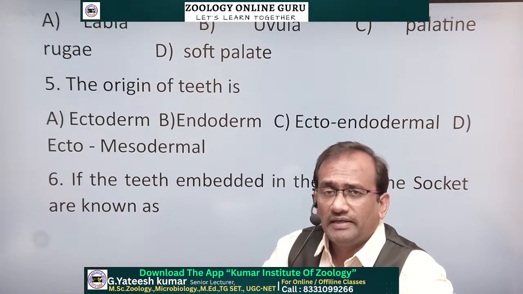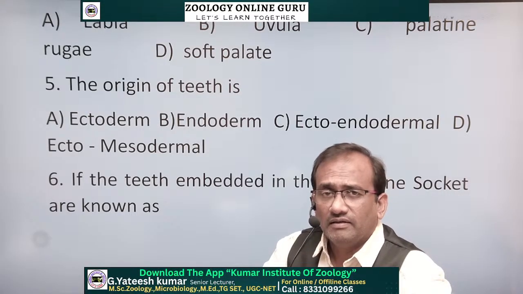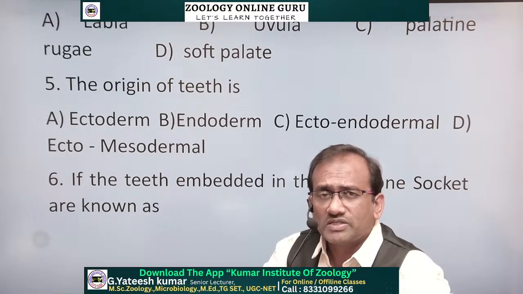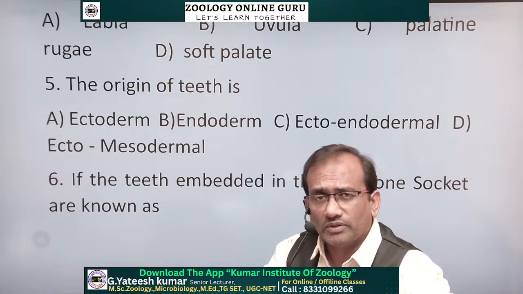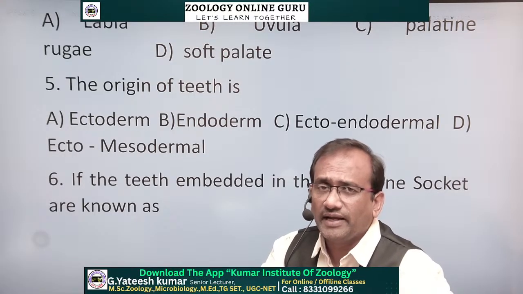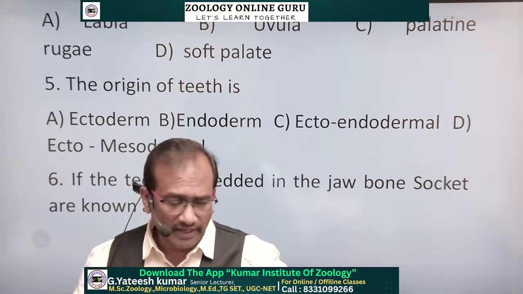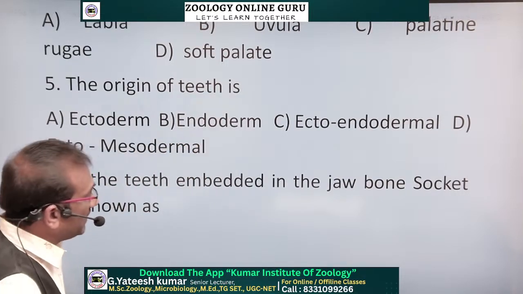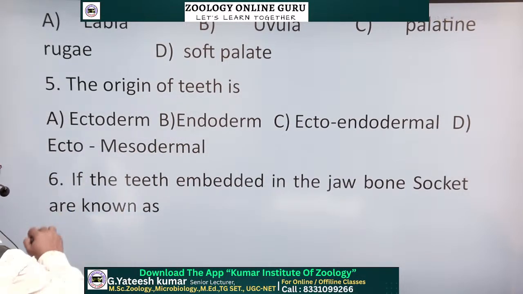Teeth have 3 parts. The outer visible part is called the crown, then the neck and root. The crown is made up of enamel. Just below the enamel there is dentine. Enamel is ectoderm and dentine is mesoderm.